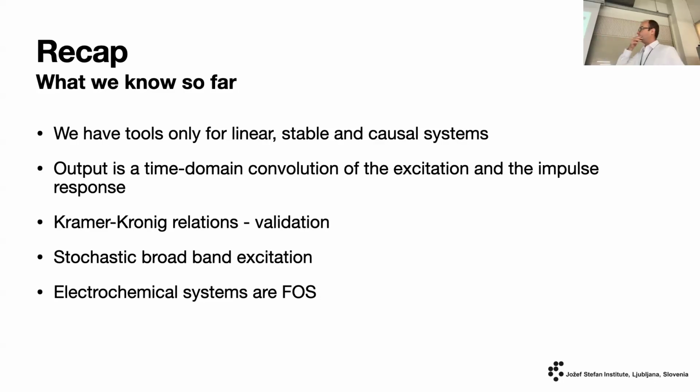So to pick up where we left. The thing that should remain in your mind is that the tools that we are using, like impedance spectroscopy and stuff like that, are valid only for linear, stable, and causal systems. Stable and causal, we saw that it doesn't make any problems for us.